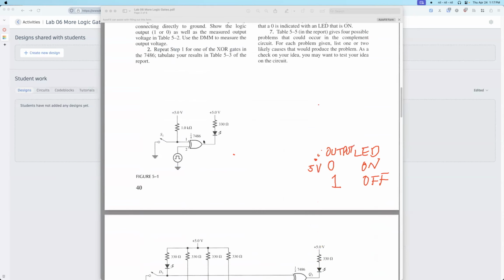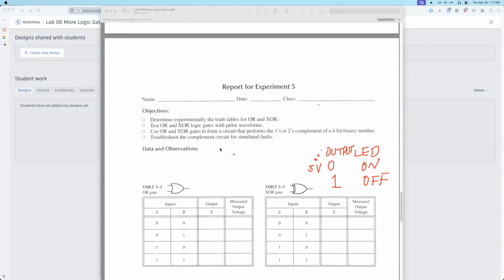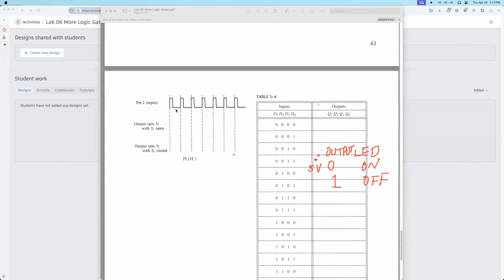Step 3, you need to build the circuit like this. Similarly, pin 1 now connects to a switch, just like before. But pin 2 now is input a signal. As we said before, use the square wave signal for pin 2.